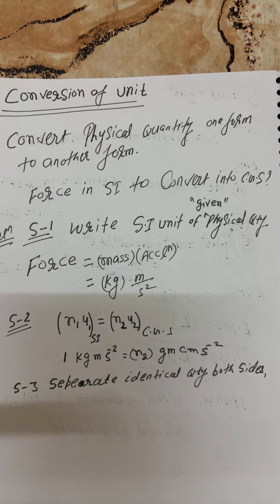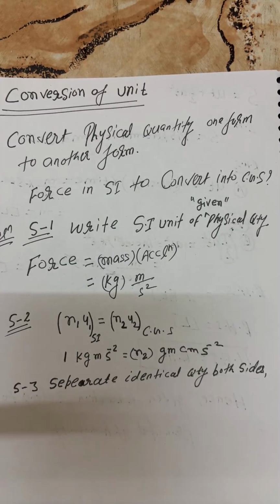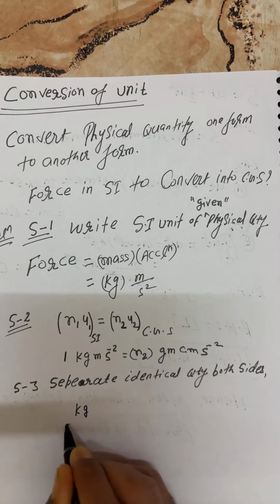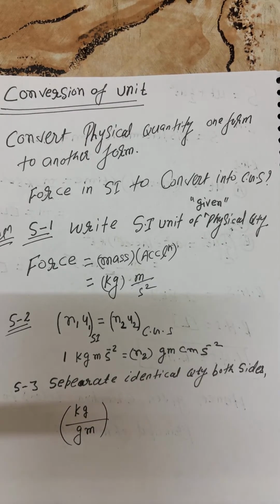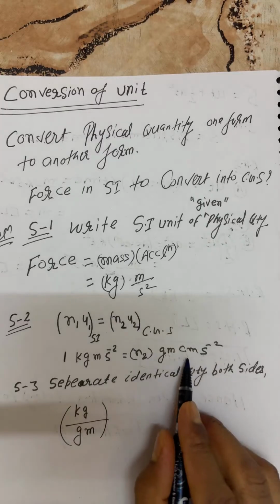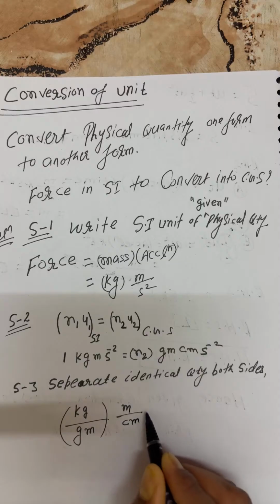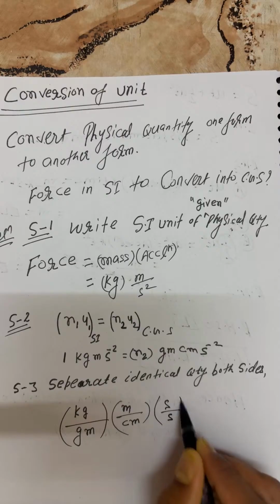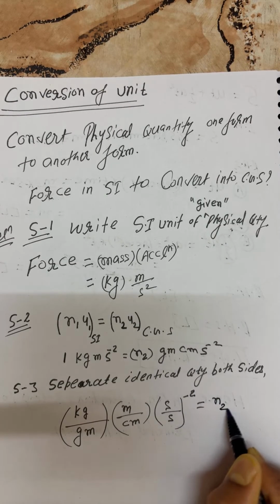What this implies is you can keep kilogram, meaning mass, together, length together, time together. So here I'll write kilogram upon gram. Then meter upon centimeter. Next, second by second to the power minus 2, which is equal to n2, because n2 we wish to find.